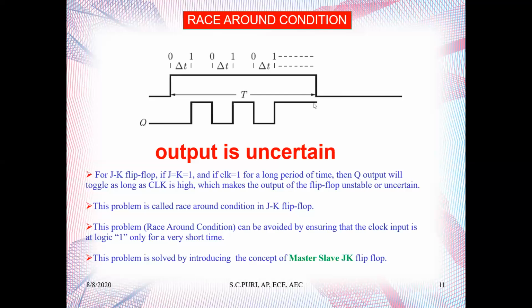This problem, the race around condition, will be solved using the master slave JK flip-flop, which we are going to discuss shortly.